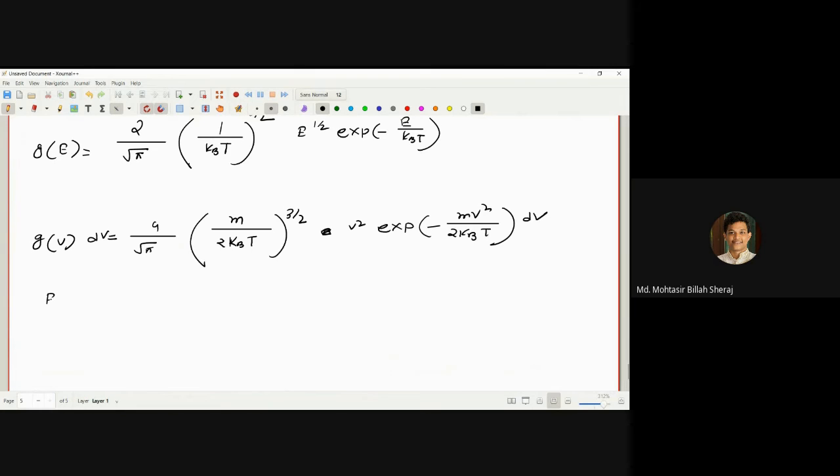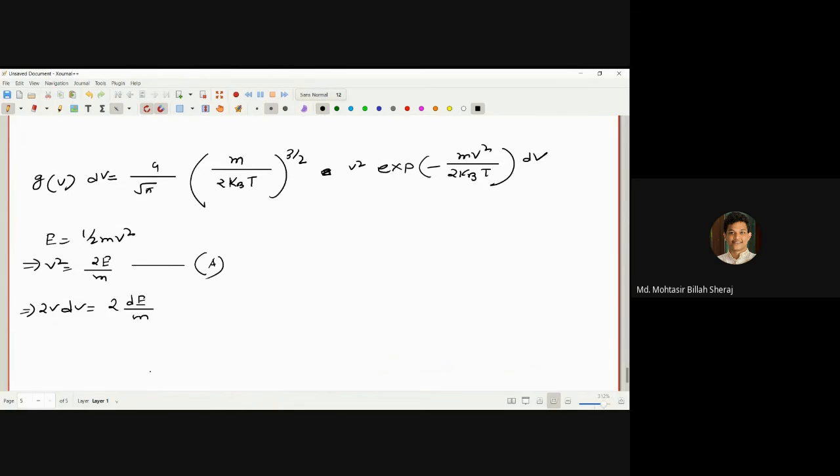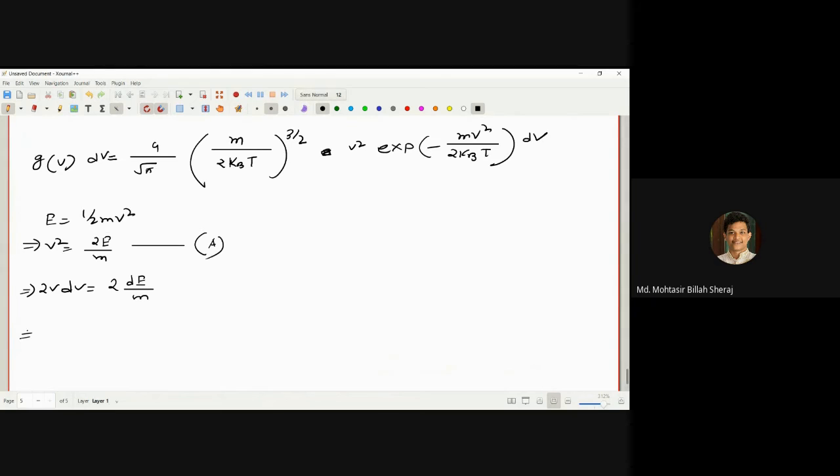Now E equals to half mv square, v square equals to 2E by m, 2v dv equals to, let's say this is equation A, 2v dv equals to 2 dE by m, and from here we get dv equals to dE by mv. Let's say this is equation B. Now you will use equation A and B in this equation.